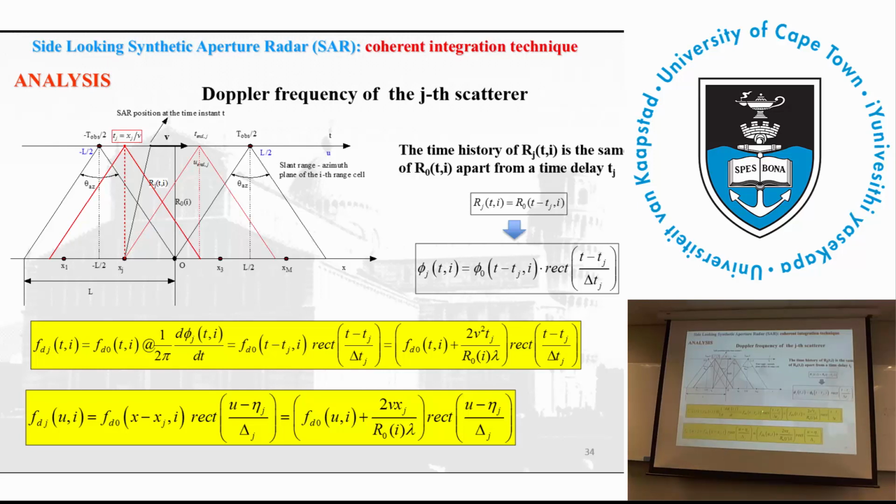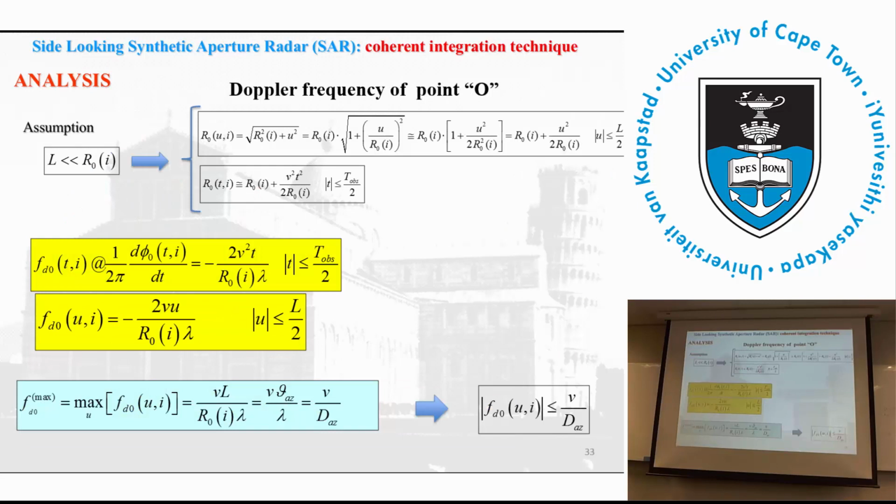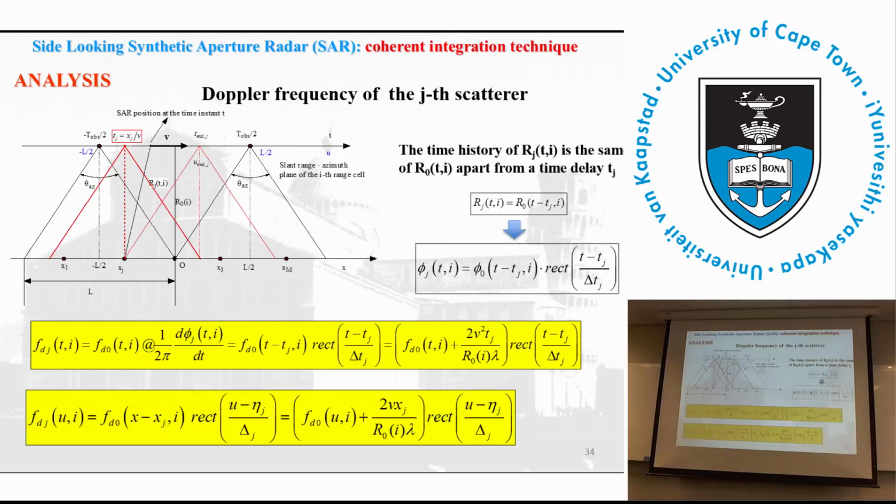So that applies also to the derivative. And if I do that, I rewrite this, and I simply consider the previous version of this one, and I just substitute t with t minus tj. If I do that, what I obtain is exactly the same frequency that I had before, plus a constant term here.